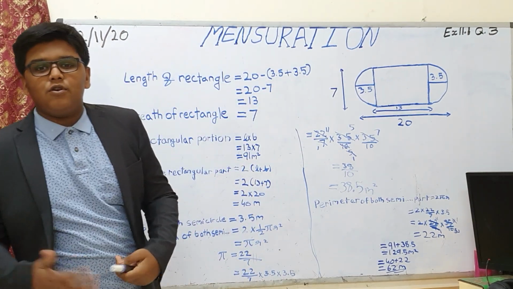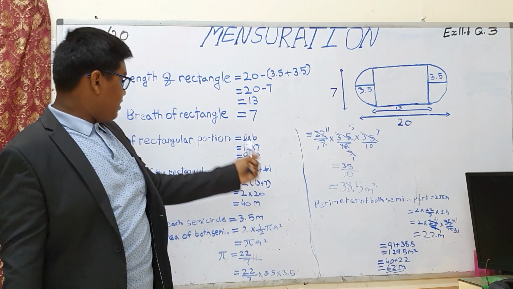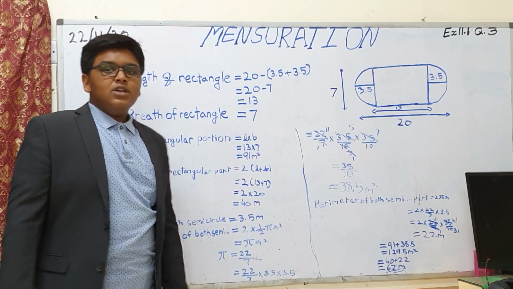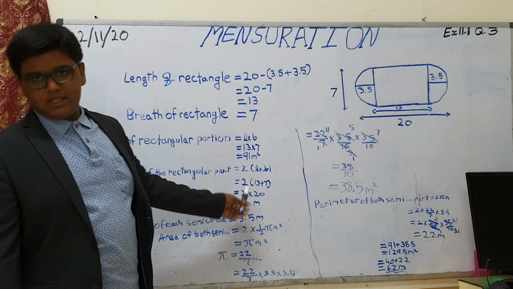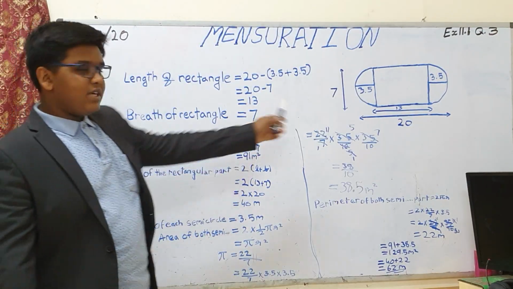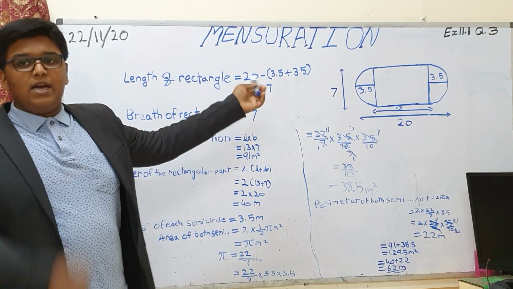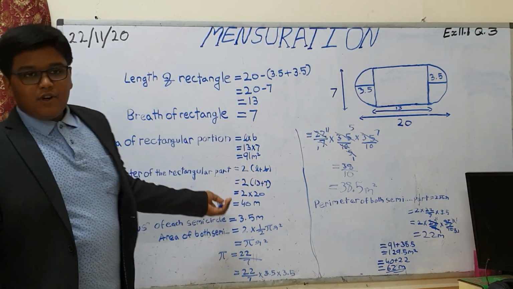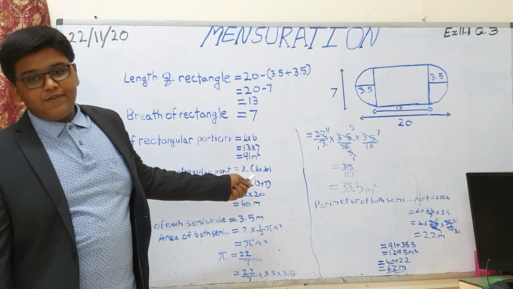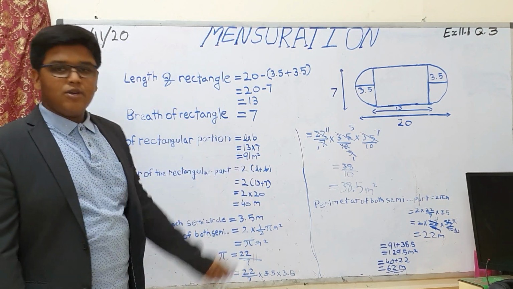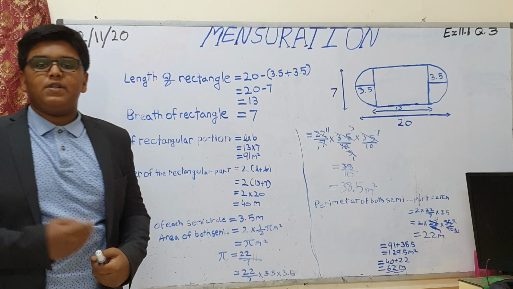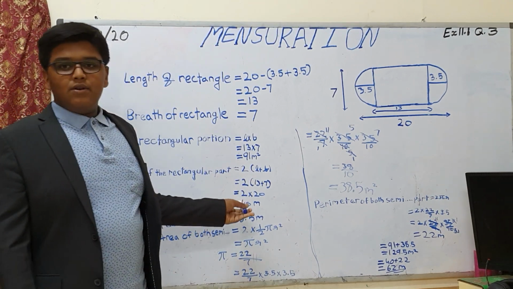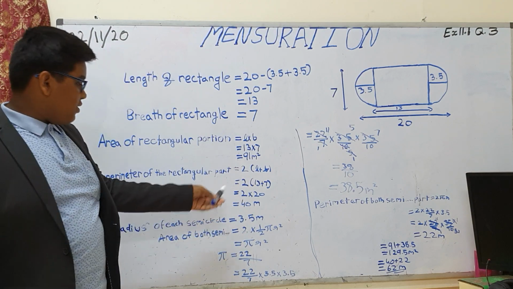We don't have to go for the final result, 91 meters square, it's for later use. So what we have to do is take 13 plus 7, where 13 is the length and 7 is the breadth. First add 13 plus 7, because we have to solve the bracket first, which is equal to 2 into 20.